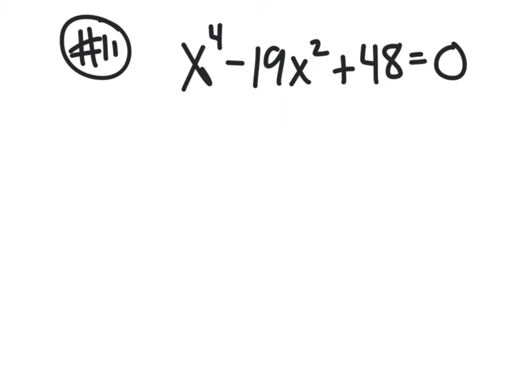Okay? Now, this is going to be a little weird. We're going to have to pretend that this is an x squared and this is a regular x. Now, you could do that because this is a 4 and a 2. So you're going to pretend that it's an x squared and an x. In other words, if it were an x squared and an x, how would you handle this factoring?